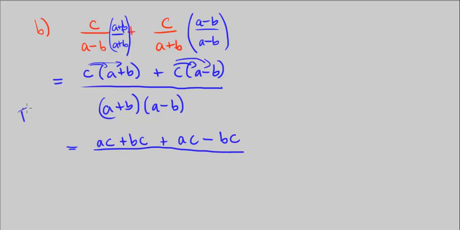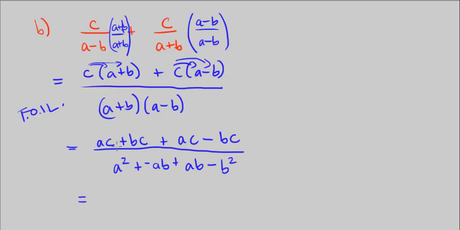In the denominator, I'm going to use FOIL again, just to distribute each variable to the other side. First term is a times a, a squared. Outside is a and negative b, minus ab. Inside is b and a, ab. Last is negative b and b, minus b squared.